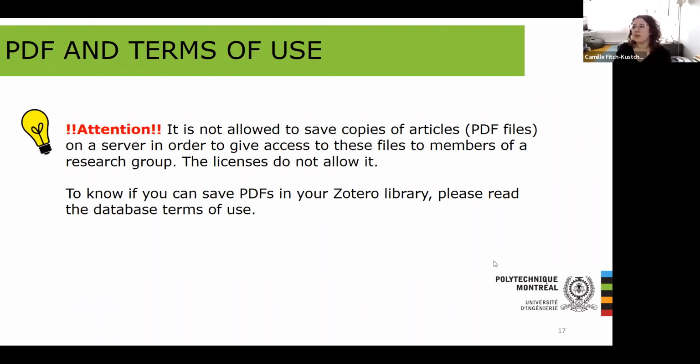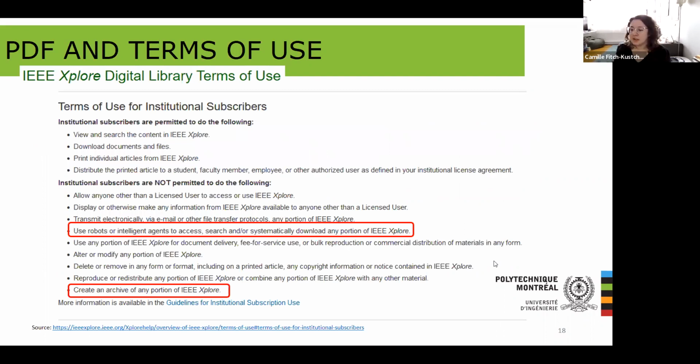The idea is just that because you're using library content that is subject to licensing, it's important to try to respect the licenses, and that means ideally not keeping PDFs on a server. So just something to keep in mind, but obviously you still need to do your research, and so you need to use Zotero, and that means probably putting some papers on there.